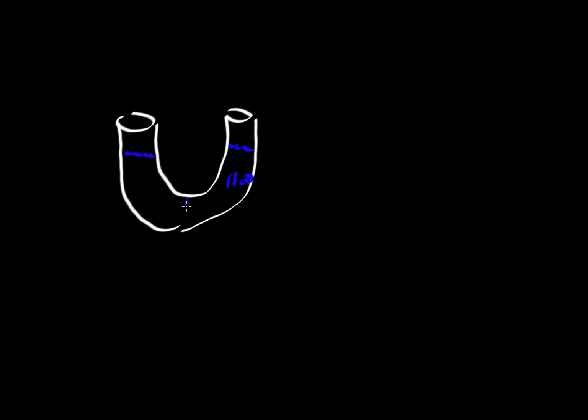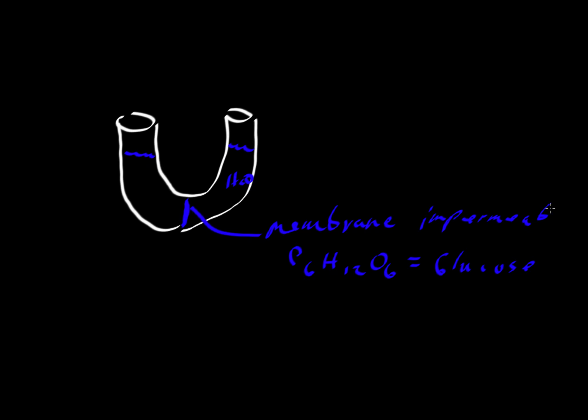but we're going to put a membrane here where that membrane does not allow, let's say, sugar, C6H12O6, which I think is glucose. So let's say that membrane is impermeable to glucose.